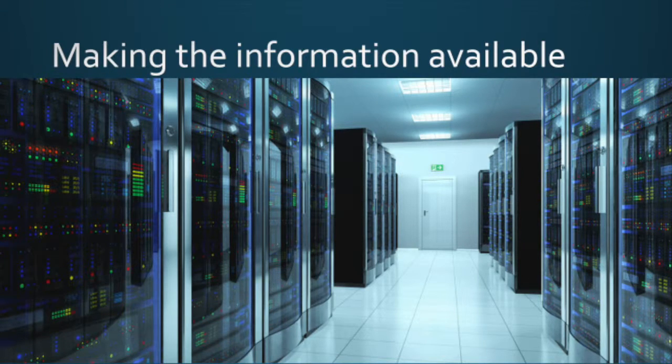Making information available, for those of us that don't have big shiny rooms with blinking lights in them like this and very powerful air conditioning, and I have to say that my organisation certainly doesn't, you have to think about how you're going to make your information available. Are you going to use an existing system that you have, such as your catalogue or museum management system?